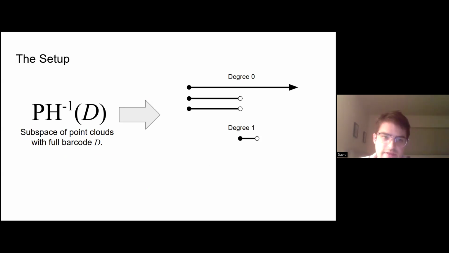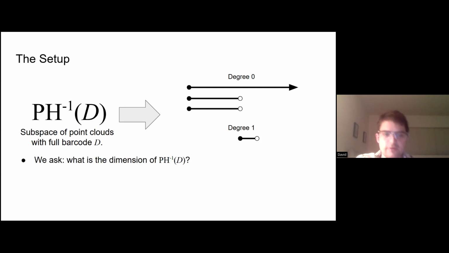Okay? But if it's very small, then it's not sending very many point clouds to the same output. And so I want to use this as a proxy for descriptiveness, right? If this space is large, it's not being very descriptive at that output. And if this space is small, it's being pretty descriptive at that output.